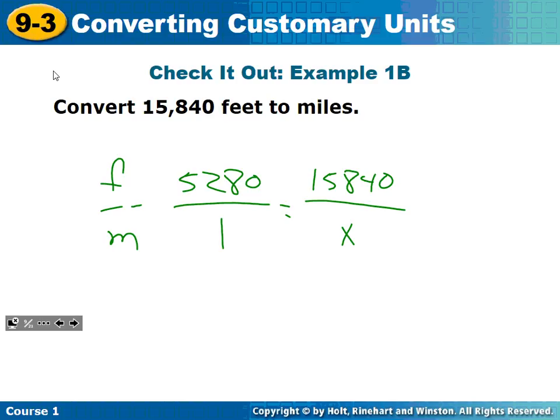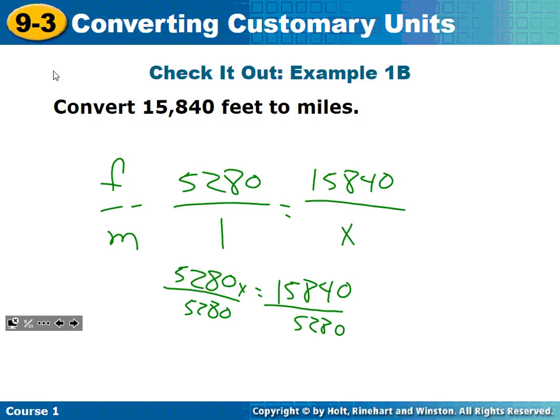So we end up with 5,280 x equals 15,840. Divide by 5280. Divide by 5280. And we end up with x equals 3 miles. Don't forget about your label.